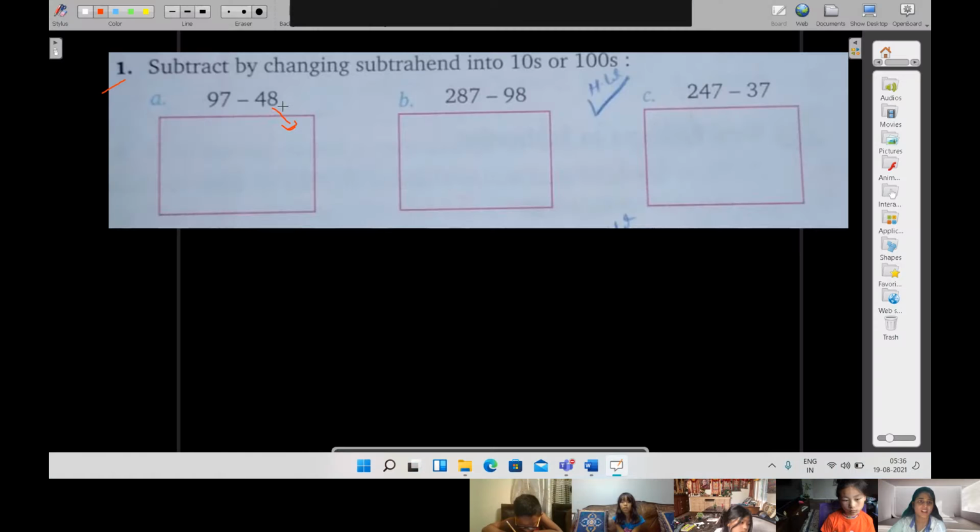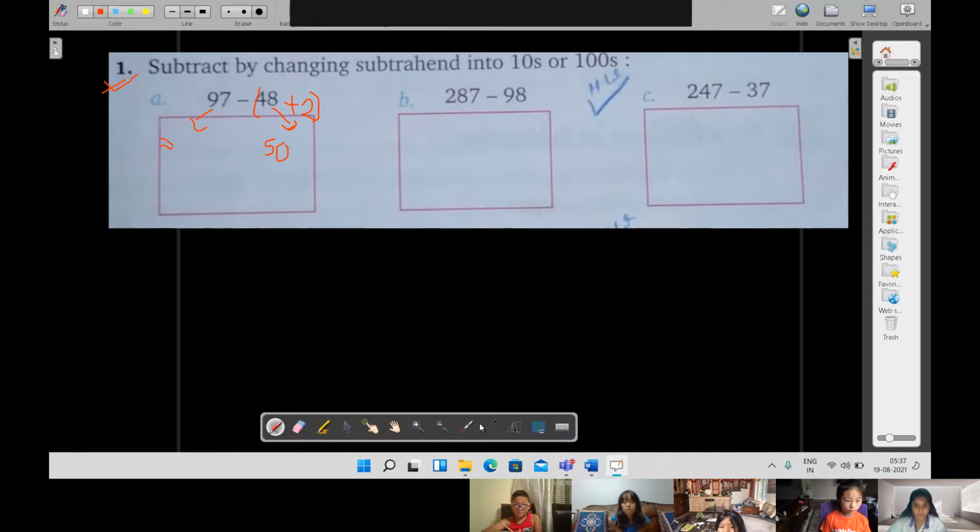Now listen to me. 48 is near to 50. If you add 2, it becomes 50. Yes or no? Yes. This is the alternative method of subtraction. So the same here: if you add 2 here, you have to add 2 to the other number as well. That is the method. The method says if you add 2 to one number, you have to add 2 to the other number.